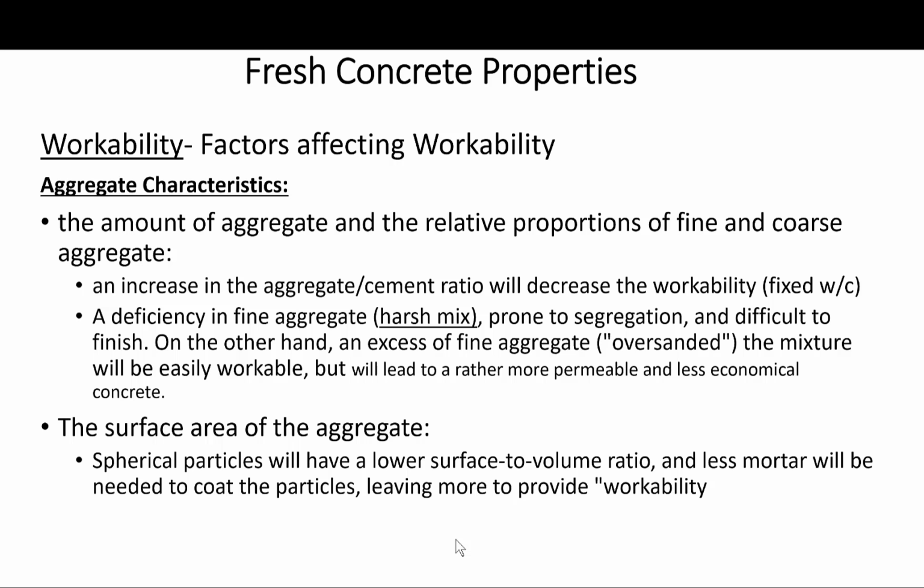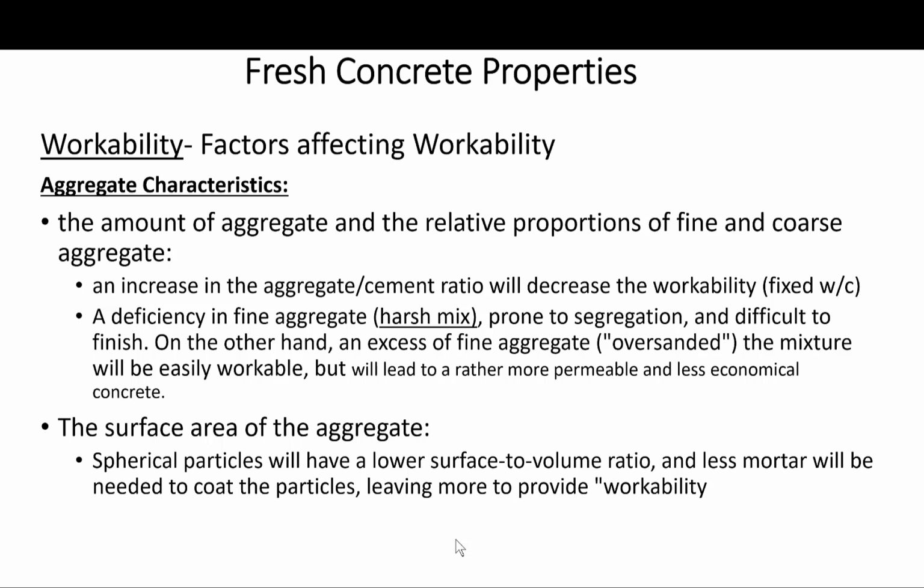Also, the other factor we talk about is the shape and texture of the aggregate. The shape and texture of the aggregate particles can also affect workability. As a general rule, the more nearly spherical the particles, the more workable the resulting concrete will be.